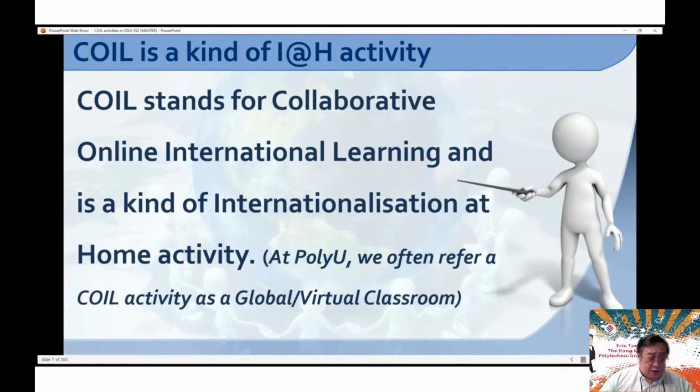At PolyU, sometimes we also refer to it as a global or a virtual classroom. I like the term global classroom very much because that typically conveys the meaning that this classroom is global and is covering students not just from PolyU, but the more general internationally accepted term is COIL, Collaborative Online International Learning. So under COIL, there are different types of activities, which I'll elaborate on later.